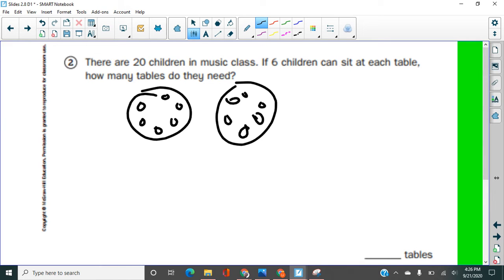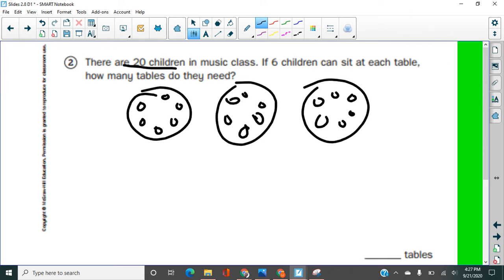All right, so how many kids do we have sitting at tables so far? We have 12. 6 plus 6 is 12. So let's make another table. 1, 2, 3, 4, 5, 6. All right. How many kids are at our tables now? We have 18, don't we? And we want to get 20 children sitting there.